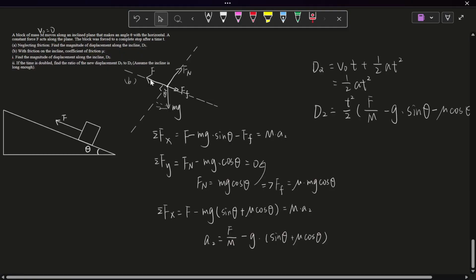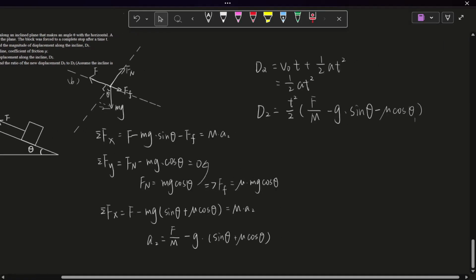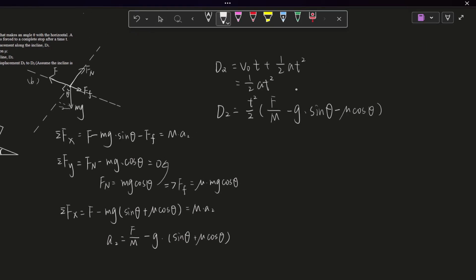Now, if the time is doubled, find the ratio of the new displacement, d3, to d2. Assume the incline is long enough. This is actually free, because you already have the expression for the displacement along the incline of the object.